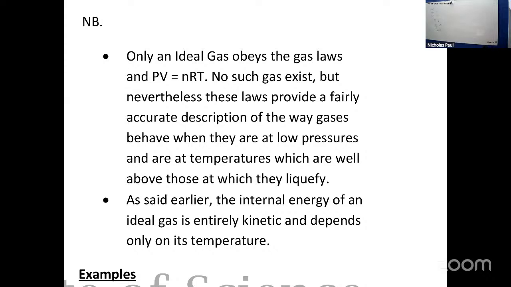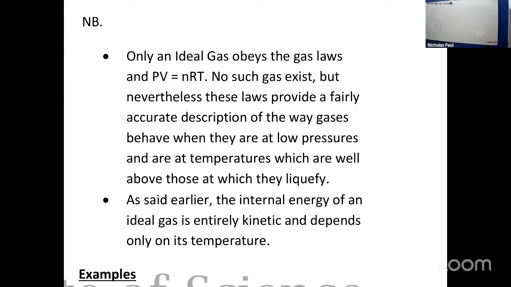Right, a quick little thing: only an ideal gas obeys these laws. No such gas exists, but nevertheless, these laws provide a fairly accurate description of the way gases behave at low pressures and at temperatures which are well above those at which they are liquefied. As said earlier, the internal energy, we're going to talk about this, right? What's the internal energy of a gas?